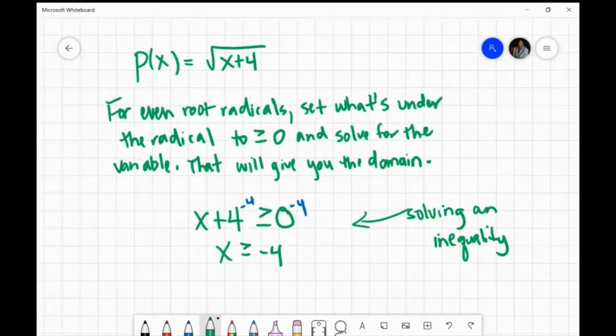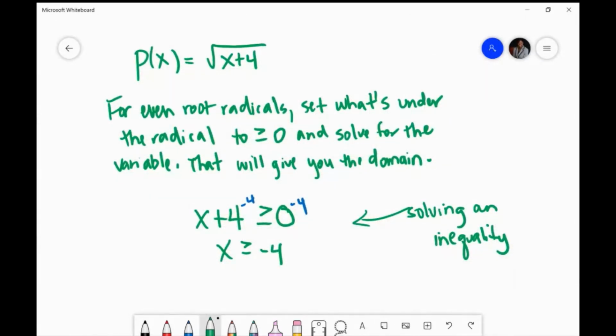And let's test it out. Give me a number that's greater than or equal to negative 4. You said negative 2? Negative 3? All right. If we put negative 2 here, that's negative 2 plus 4, which is 2.